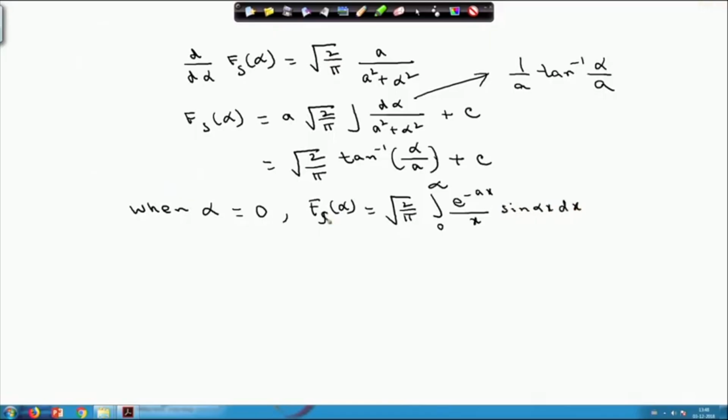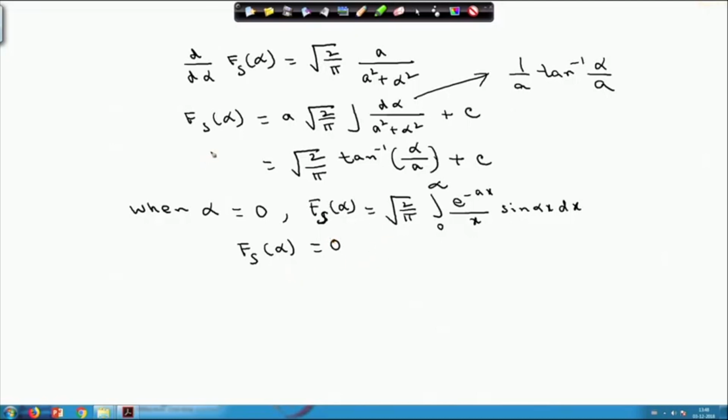Since your f_s(alpha) is this, whenever alpha is 0, sin 0 is 0, so that you will obtain f_s(alpha) equals 0.